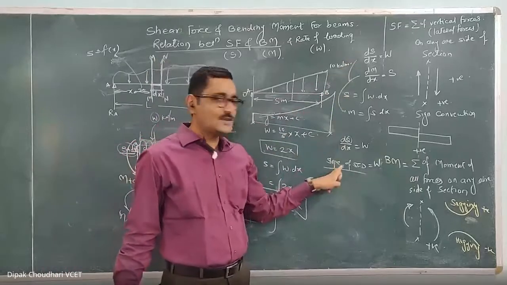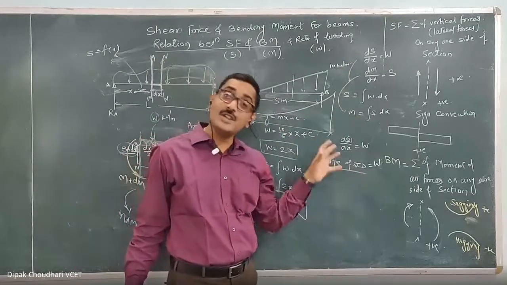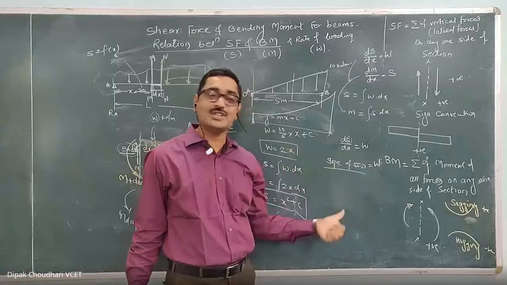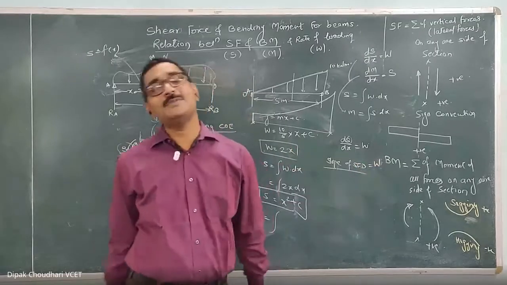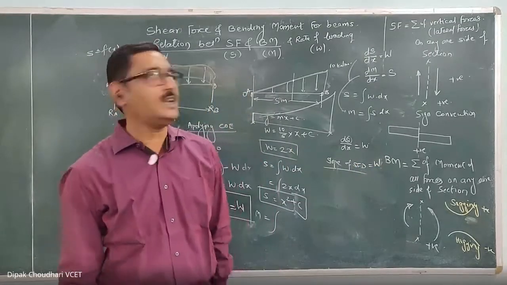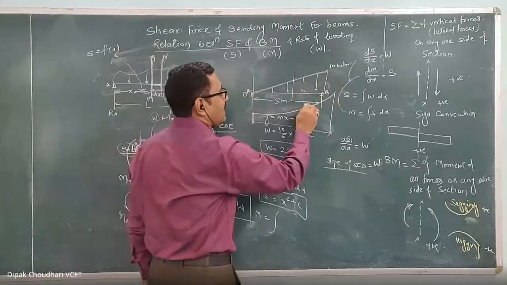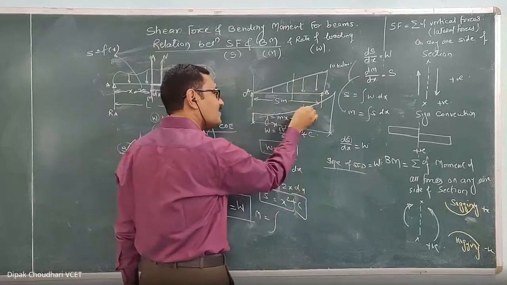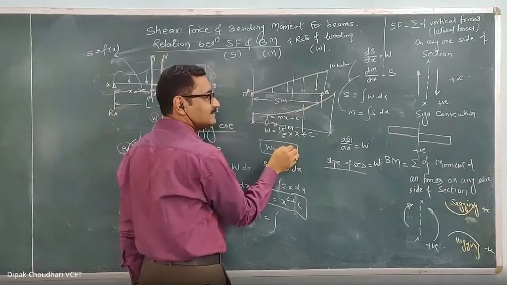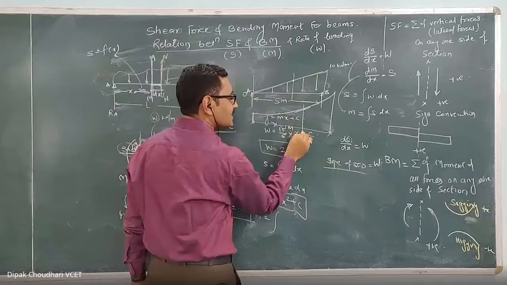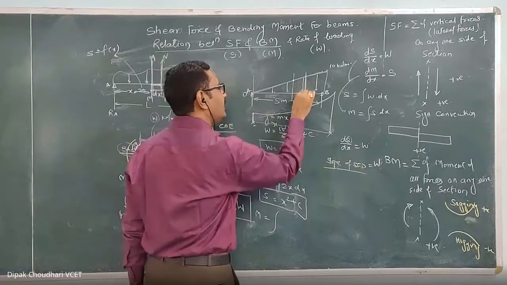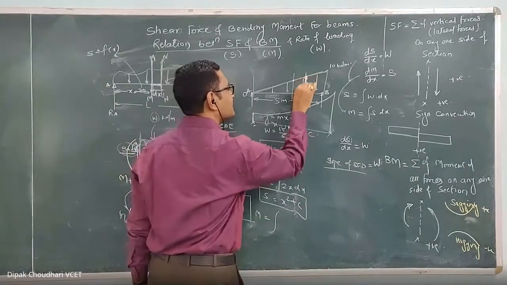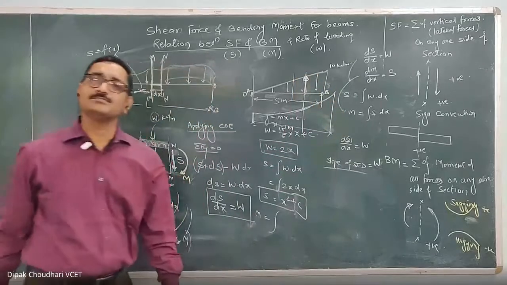Slope of shear force diagram at any particular position gives you the loading at that particular instant. Okay, so if you draw the shear force diagram and at a distance of x equal to 3 meter, if you calculate the slope of this curve, then this slope at x equal to 3 meter gives you the intensity of the loading at that instant. You will get this intensity.